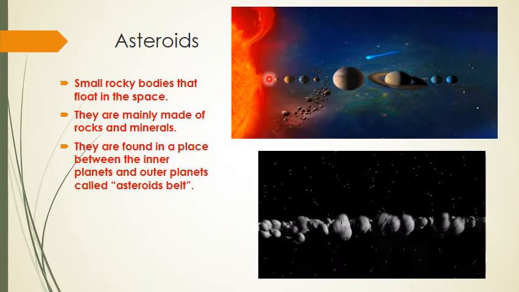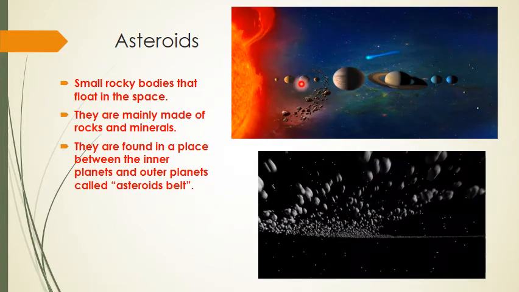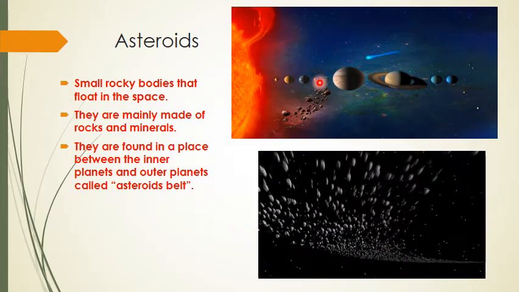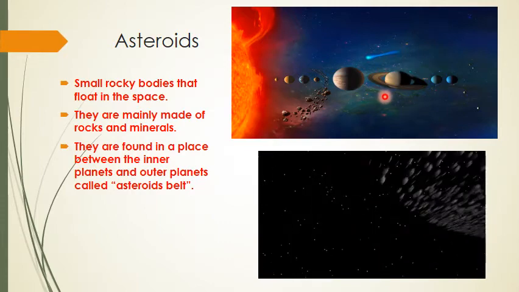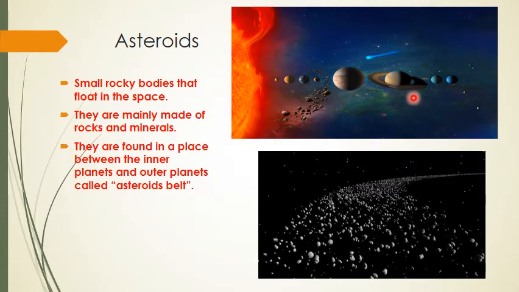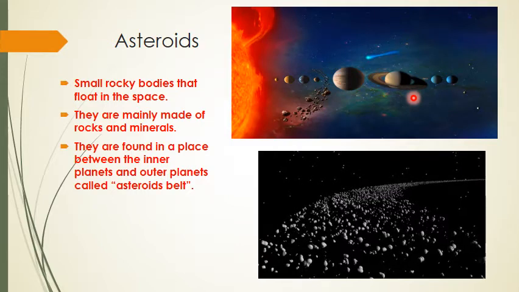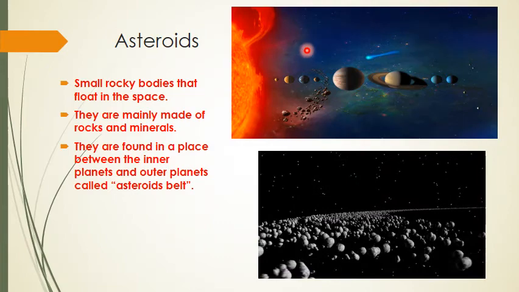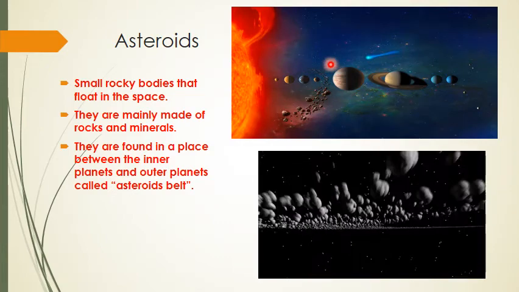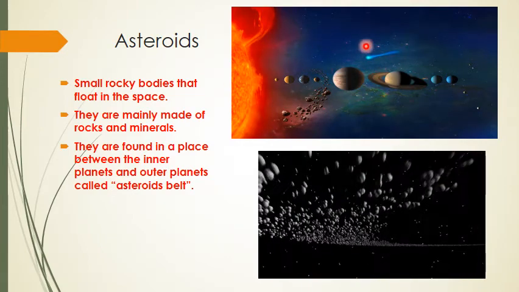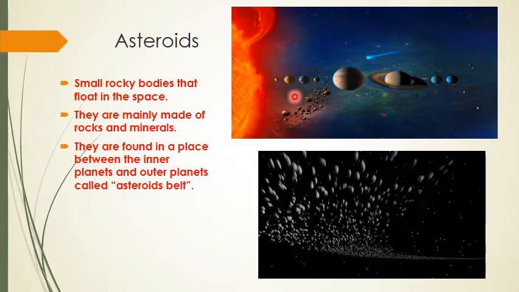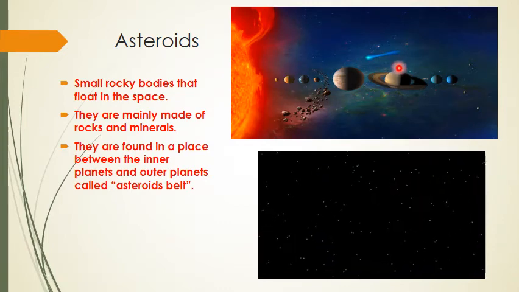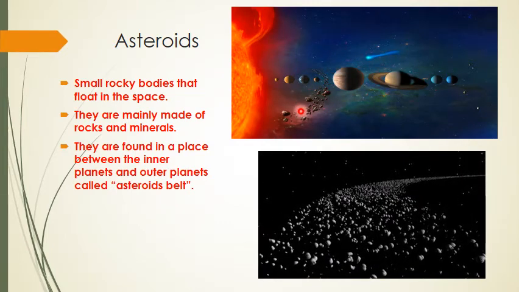And the inner planets, as you can see, are Mercury, Venus, Earth, and Mars. The outer bigger planets are Jupiter, Saturn, Neptune and Uranus. So the asteroid belt is like a barrier, or like something that splits both types of planets up, as you can see in this place.